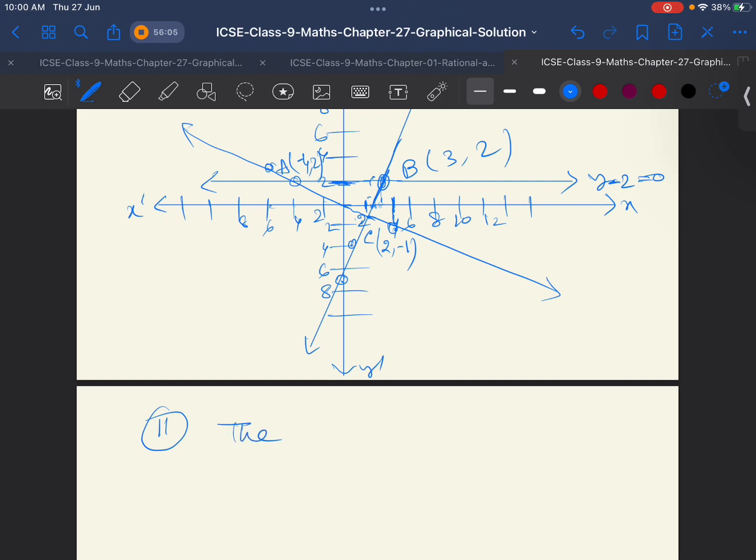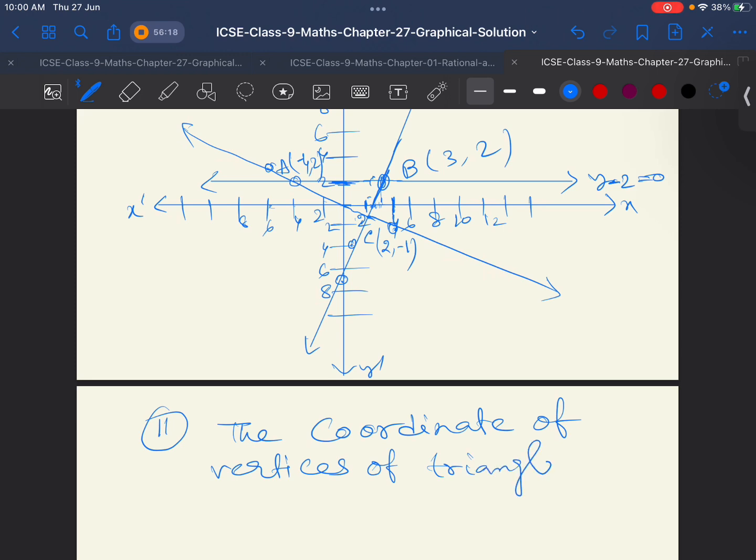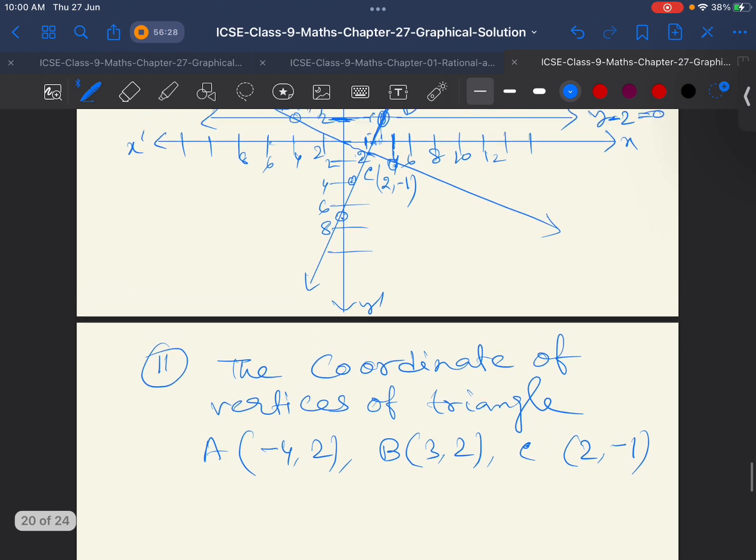Okay, so question 2, the coordinates of the vertices of the triangle. The coordinates of the vertices of the triangle are A minus 4, 2, B 3, 2 and C 2, minus 1.